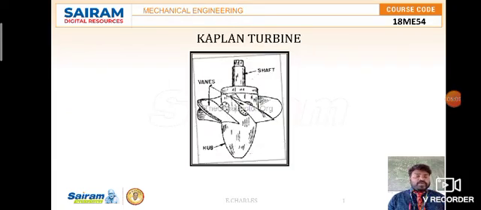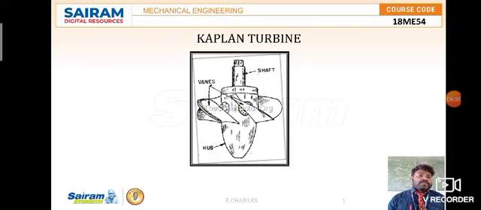This is the shape of the propeller turbine which I was talking about, the hub or boss. First there is a shaft, and at the bottom level of the shaft, the shaft is made bigger in size. That portion is nothing but the hub, and some inclined vanes are fixed.